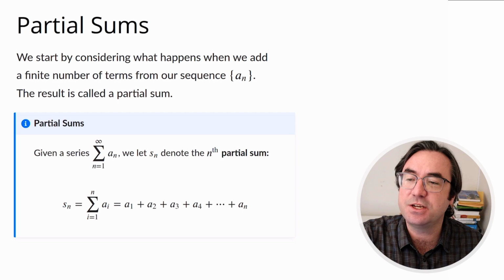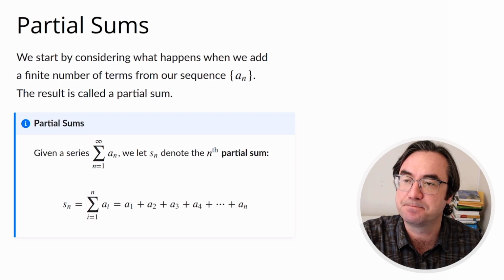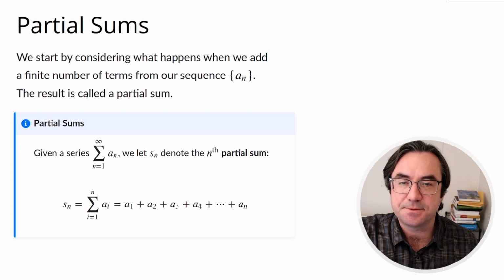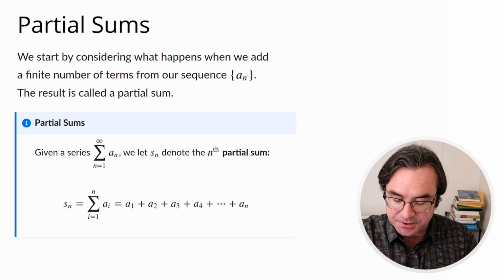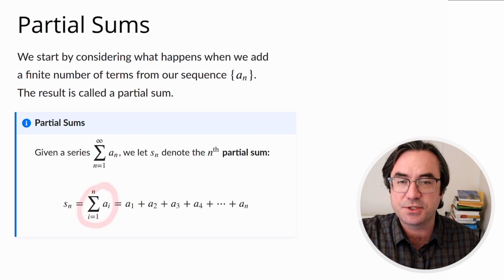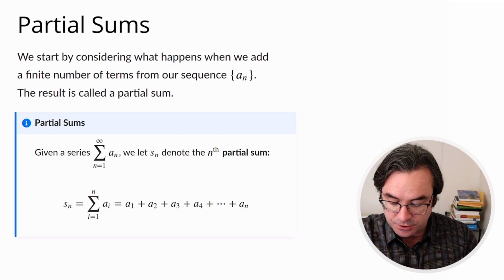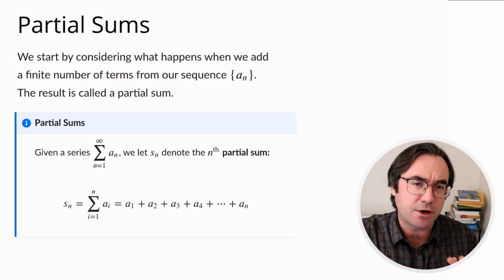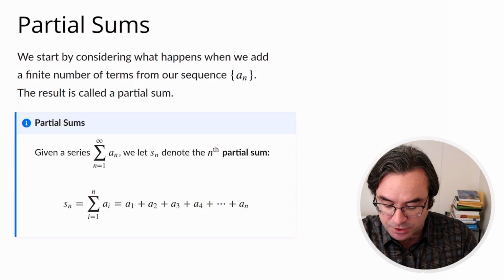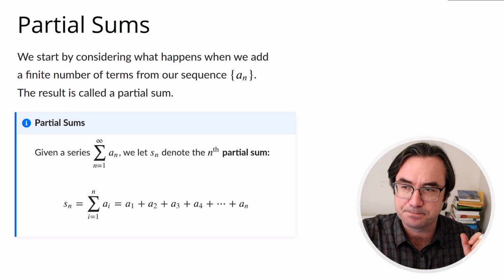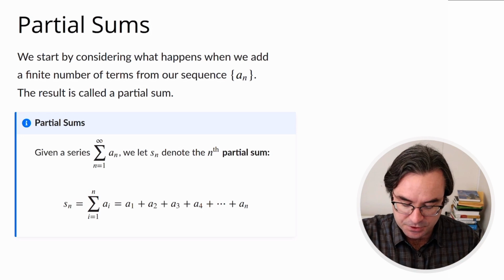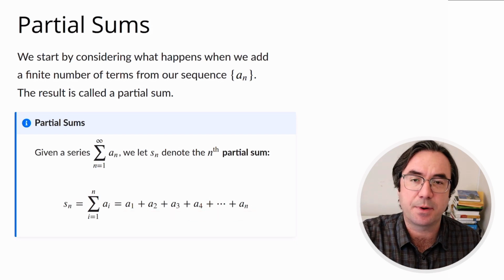We're going to call this our sequence of partial sums. And the nth partial sum is we're adding up the terms in our sequence. So we're starting at our regular starting index number, but then we're stopping once we reach a certain point. Okay, so this is a finite sum here, this nth partial sum.